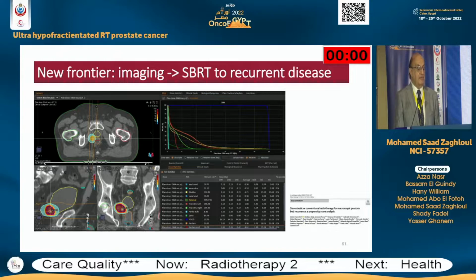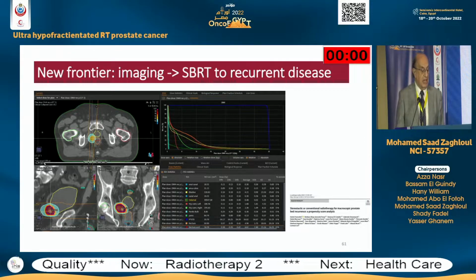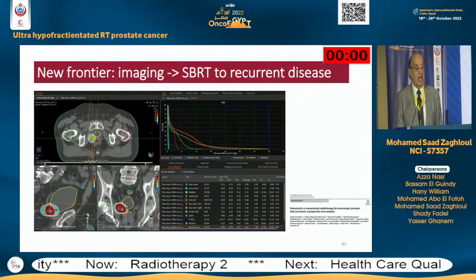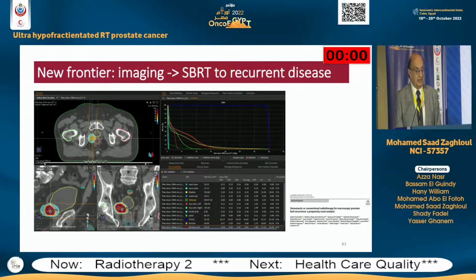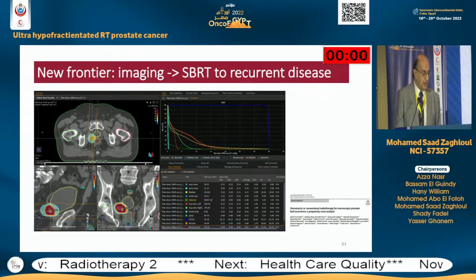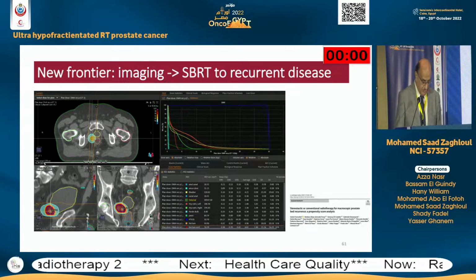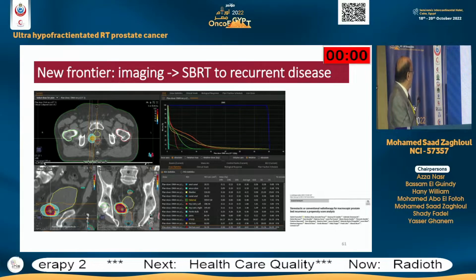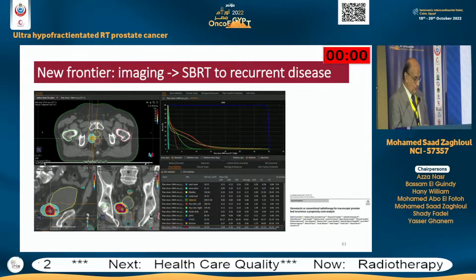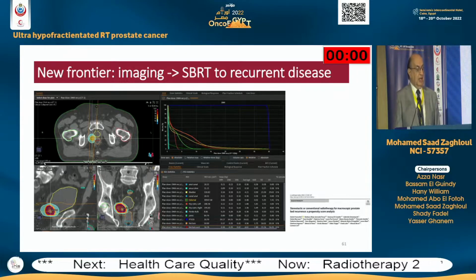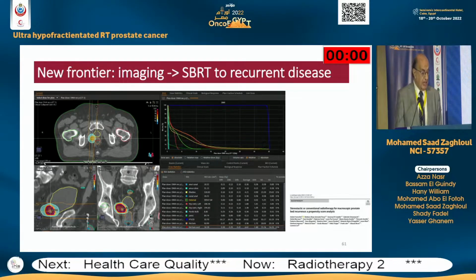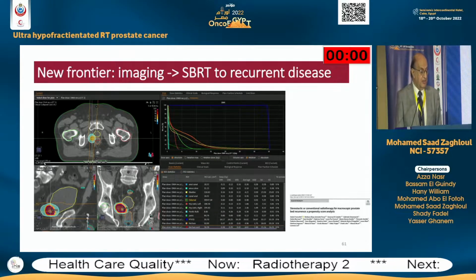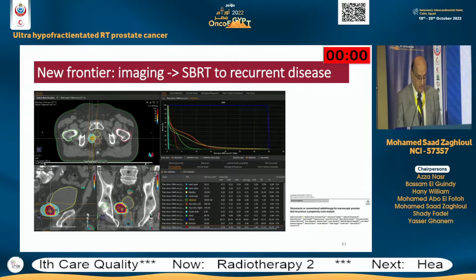You can have the images. You can have SBRT for recurrent disease, as you can see here. You give the radiation to the recurrence, and this will be very successful.